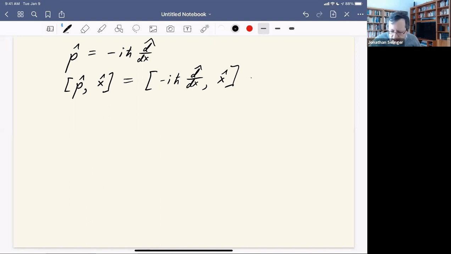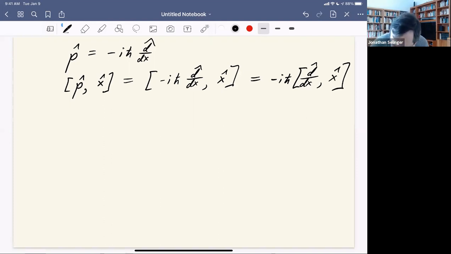Now, in this commutator, when you have a constant like negative i h bar, that can factor out. So it's negative i h bar times the commutator of d by dx comma x.